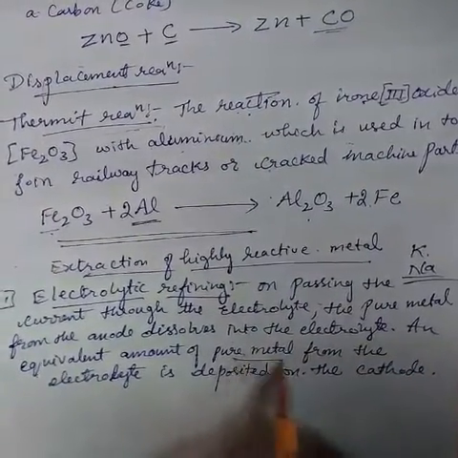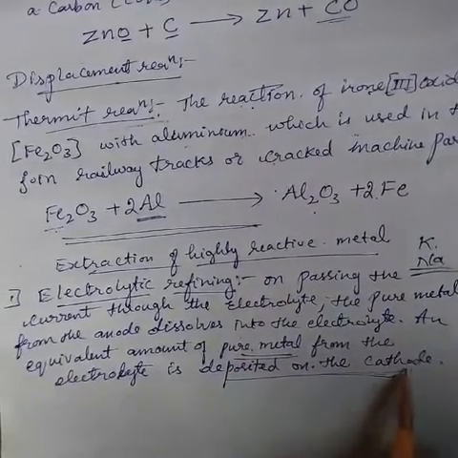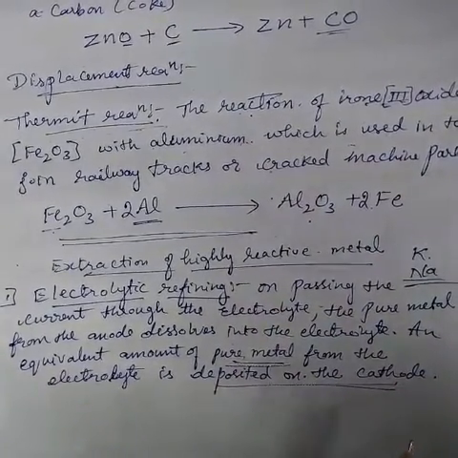The pure metal is deposited on the cathode and the impurities are deposited at the anode.